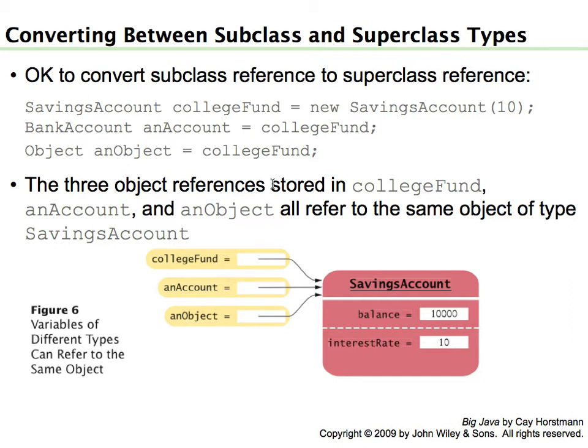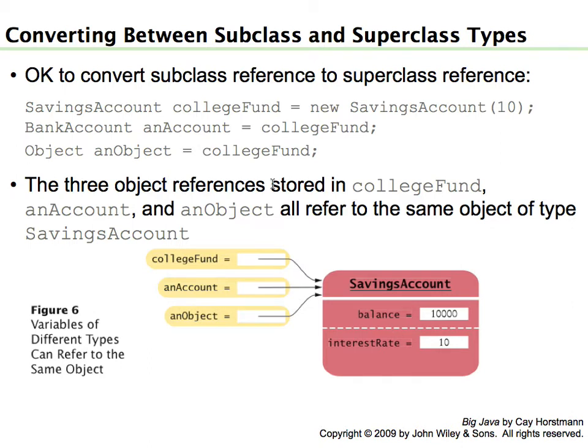The concept applies here as well. Since the subclass has everything that the superclass has, all the variables and all the methods, you can assign a subclass object to a superclass reference.